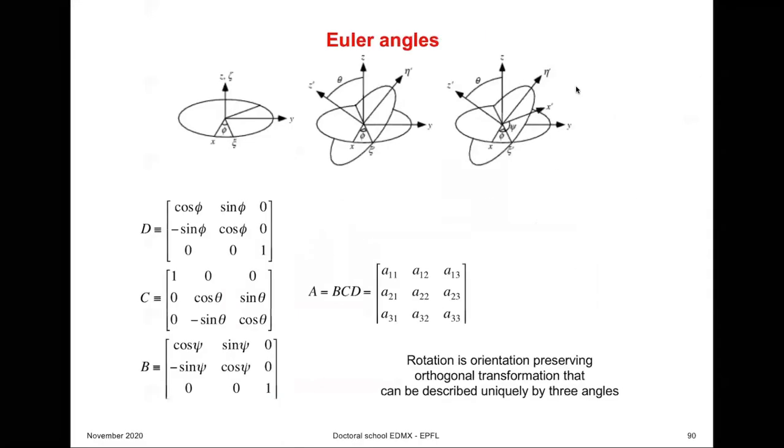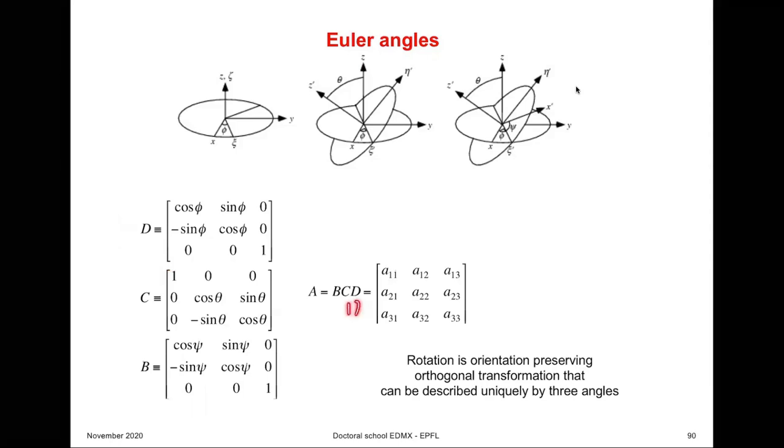Now, each of these rotations can be described by a matrix, and together these three rotations give the Euler matrix.